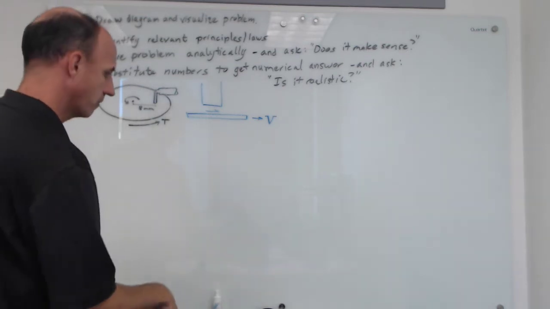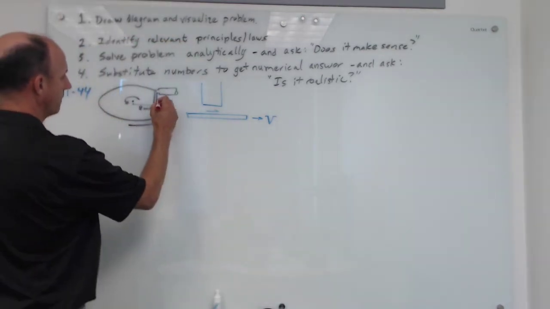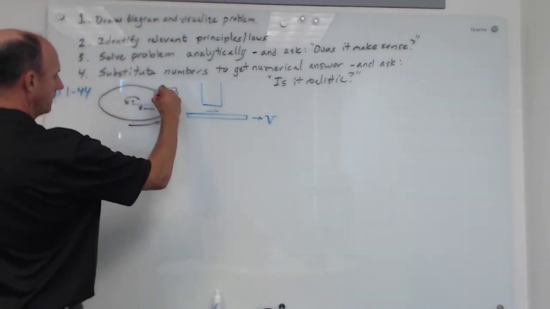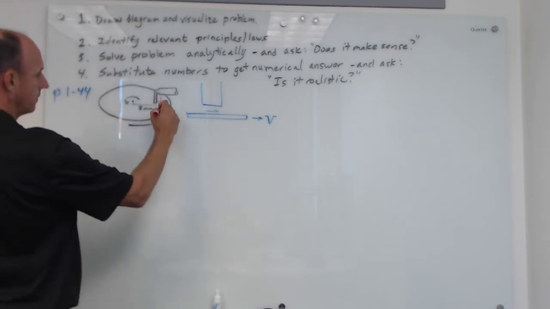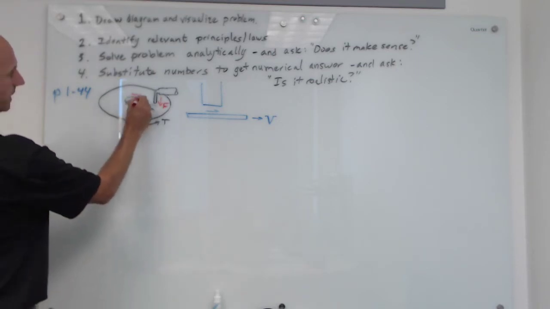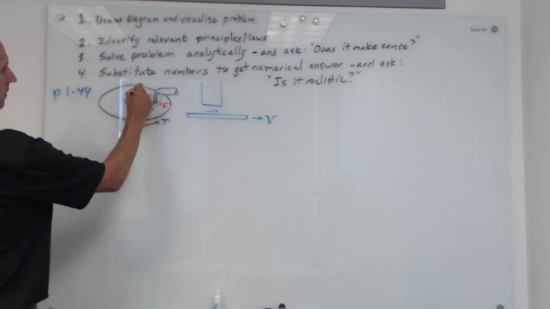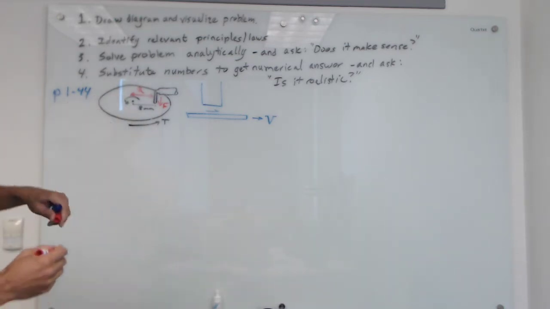So on my diagram here, I'm going to say there is some kind of a force acting in this direction against the speed of rotation, okay? And that force is going to be acting a distance, we call it r, from the center of the disk.